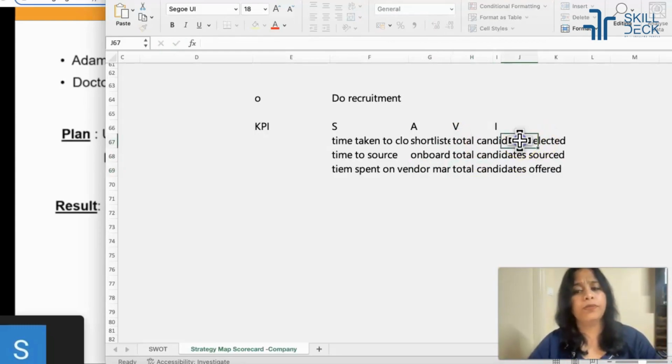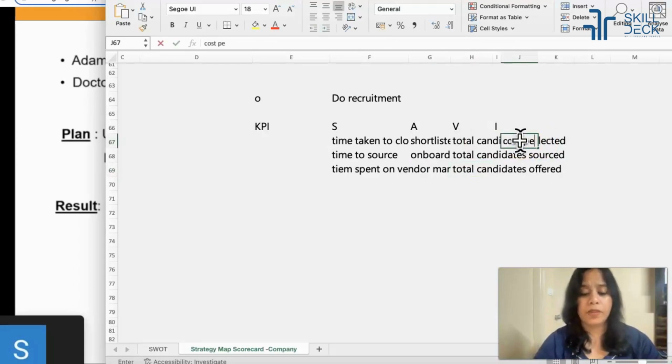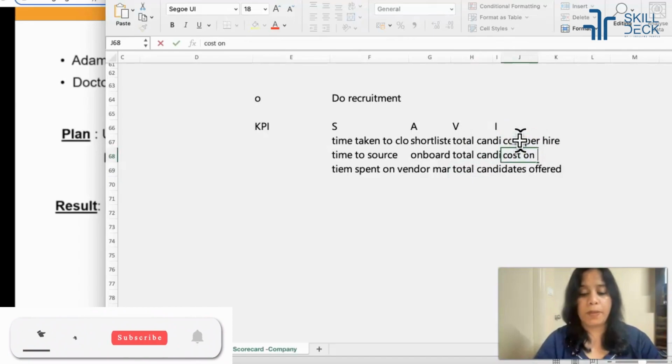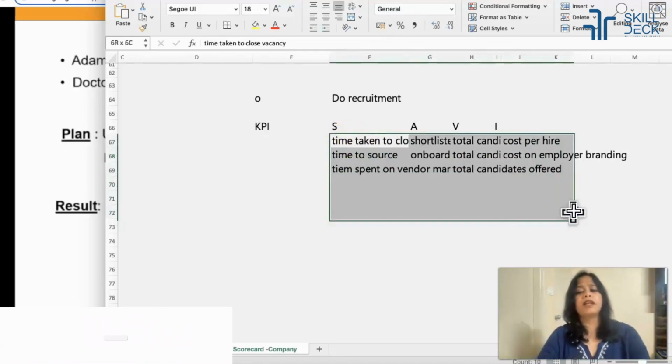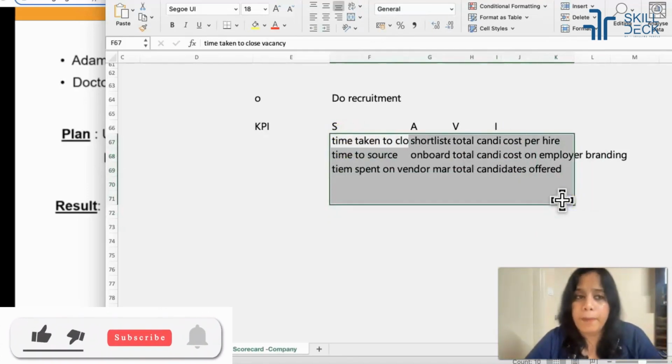That's all volume. Investment: cost per hire, cost on employer branding, right?